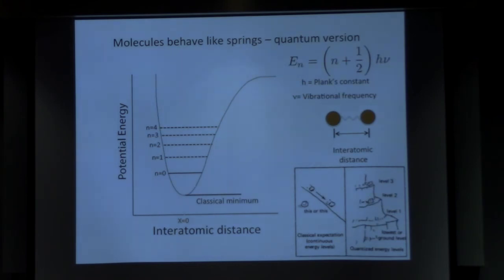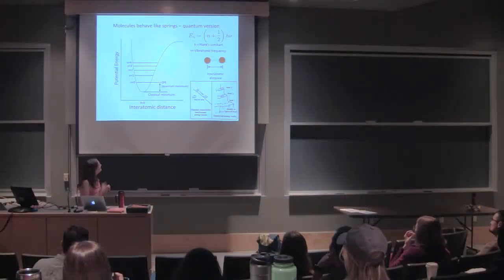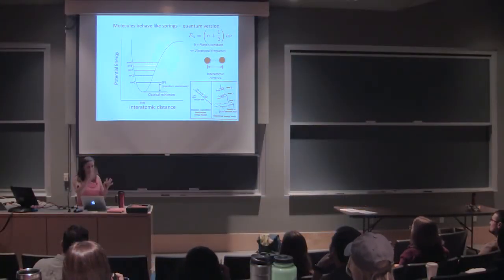And N0 is a special state, right? That's like if you could get down to absolute zero, reduce all the energy as much as you possibly can, even at absolute zero, where in a classical model you'd be sitting at the bottom of the energy well, your molecule still has some little tiny bit of vibrational energy. Teensy tiny, but it's there. And that's, for us, why we're all in this room, right?